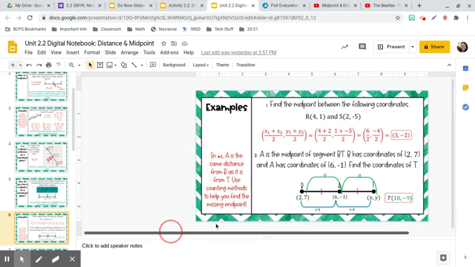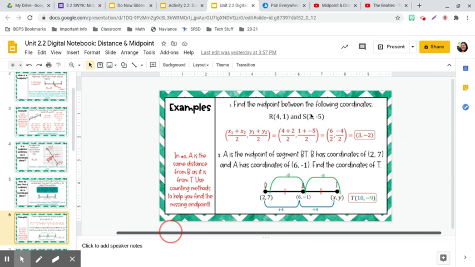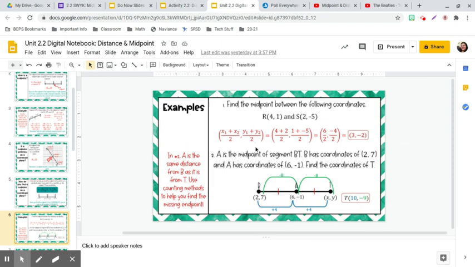It says, find the midpoint of the following coordinates R1 and R2. So R is going to be 4, 1, and S is going to be 2, -5.